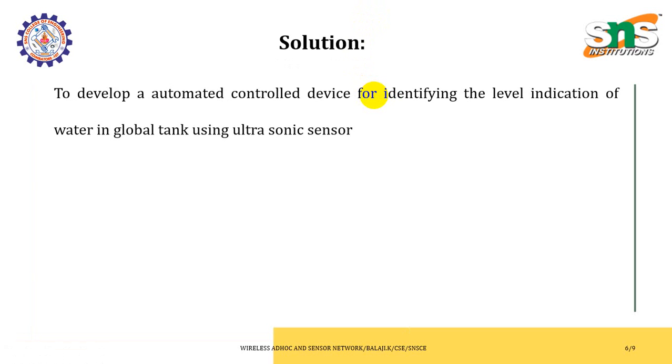In the ideation for developing the solution, we have different ways of identifying various solutions, but the right solution, apt for solving the current issues, is an automated device which will control and identify the level indication of water with the help of sensors, so that the sensor will sense the information about the level of water.